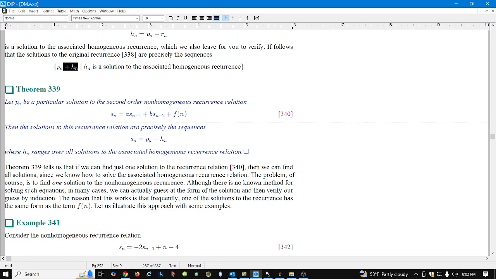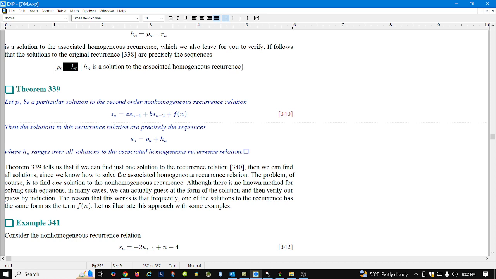Well, that's progress, but still we don't have a method for solving, even finding one solution to the non-homogeneous case. But we can actually guess at the form of a solution, and if we're lucky, we verify it by induction.